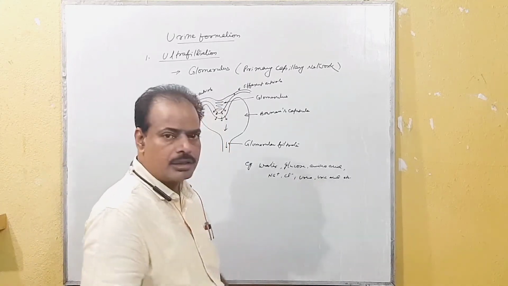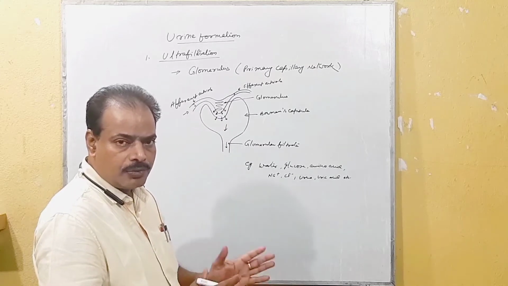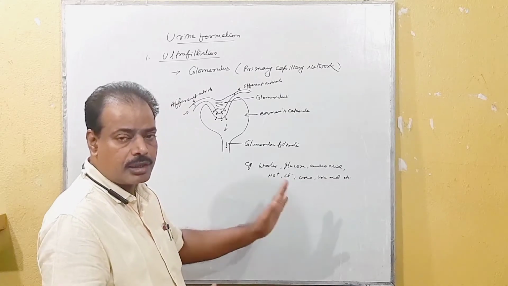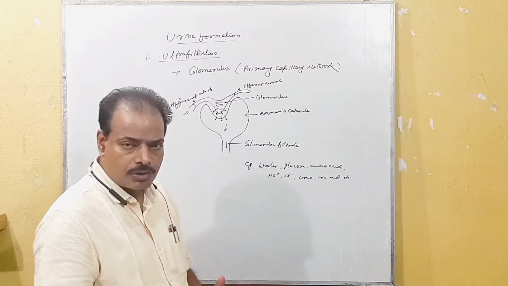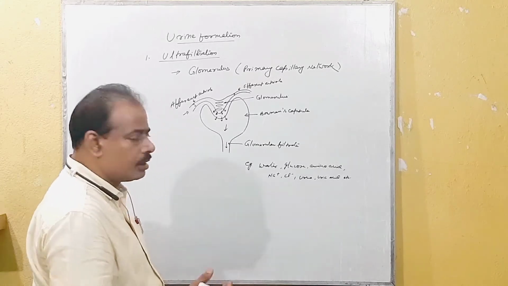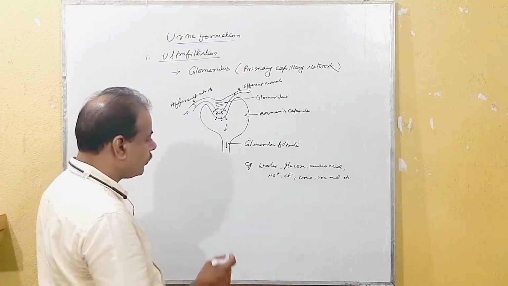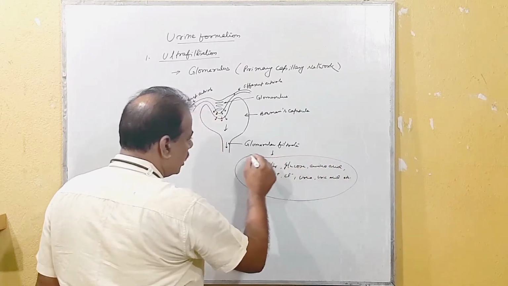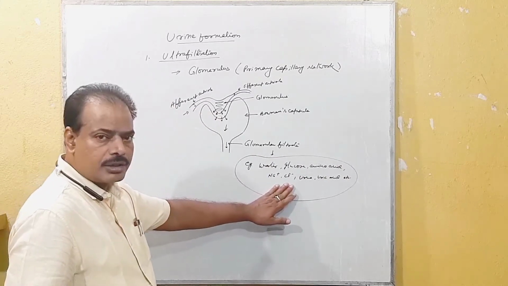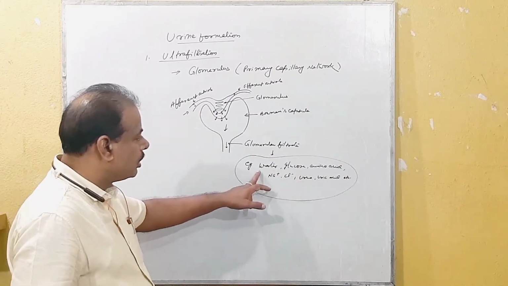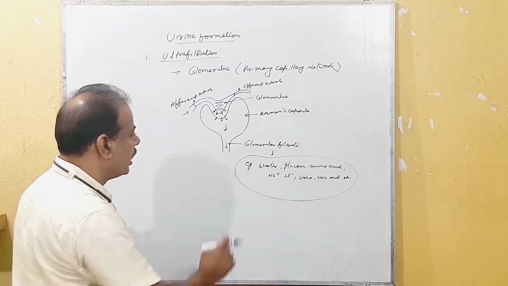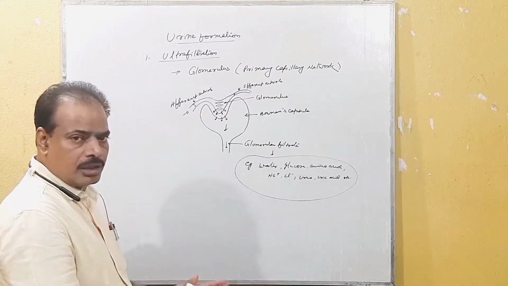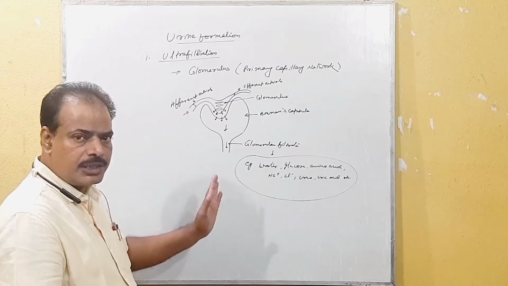But urea and uric acid are very harmful for the body, and we eliminate these substances from our body because these are nitrogenous waste substances which may be toxic, and may be fatal if accumulation takes place. So glomerular filtrate contains all these substances and therefore it cannot be considered as urine. Useful and harmful substances are both present, and it is known as glomerular filtrate. So glomerular filtrate comes into the first part of the renal tubule, which is known as PCT.